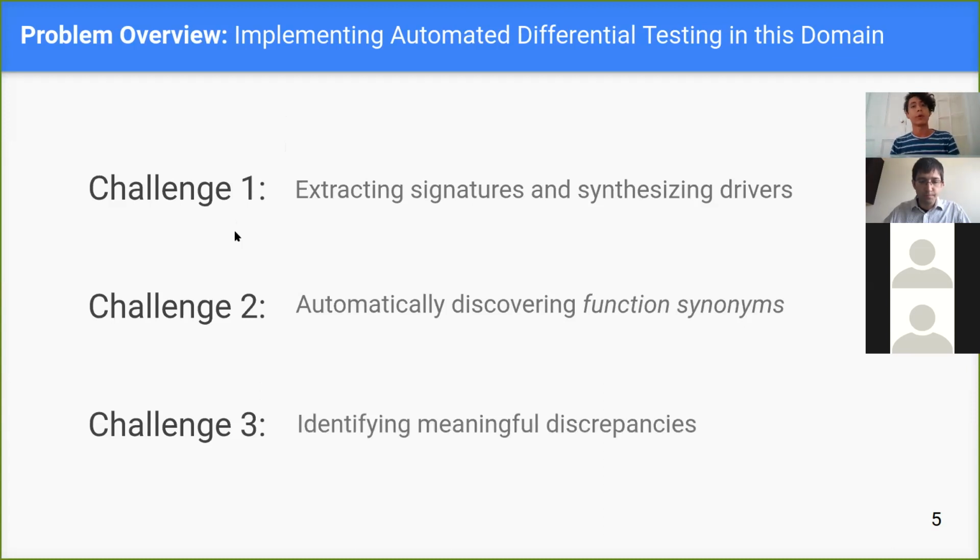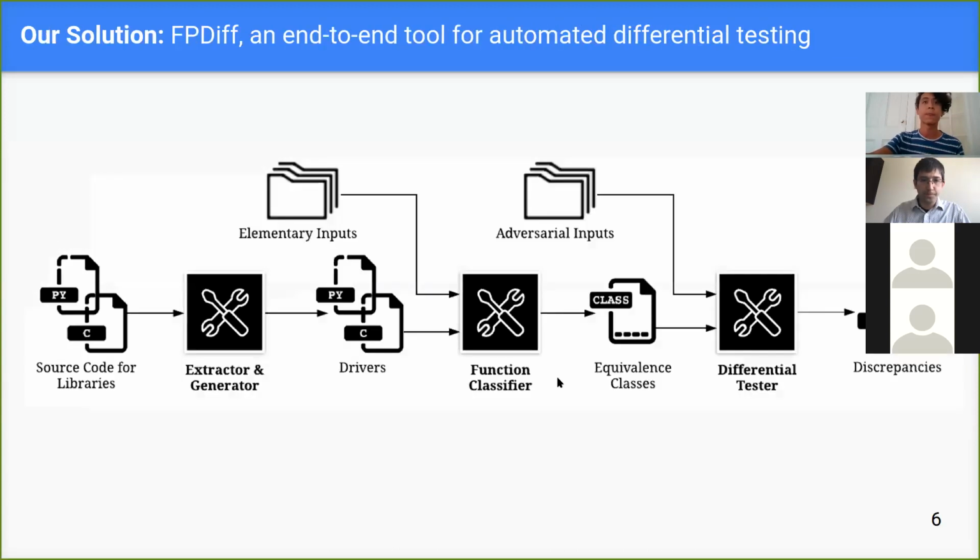Lastly, we want to identify meaningful discrepancies because not all discrepancies are indicative of buggy behavior. That can be due to the inherent imprecision in floating point numbers, or different implementation choices with regards to branch cuts, function poles, or error handling. So we need a means of triaging discrepancies.